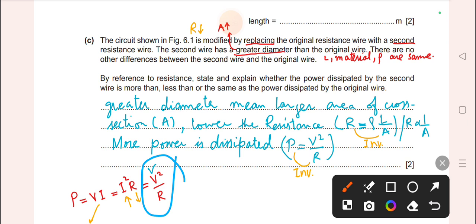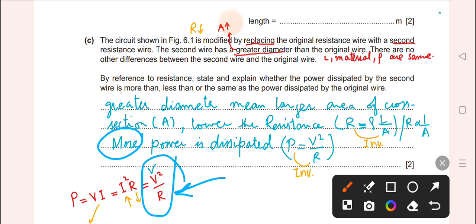And as resistance here is inversely proportional to the power, it tells us that when the resistance is lowered, the power will be increased, and more power will be dissipated. There is an inverse relation. Let me tell you, there are three formulas for the power, but the reason we can only use this one here is that we only know the voltage is fixed, at 8 volt.